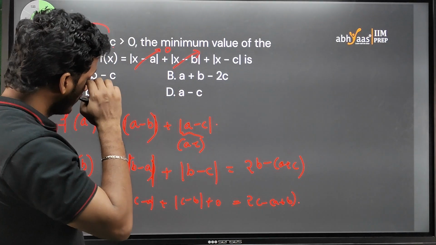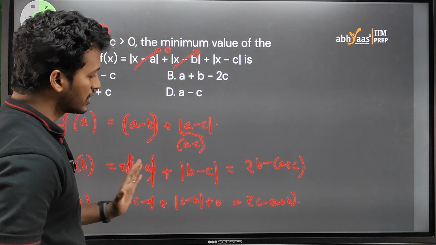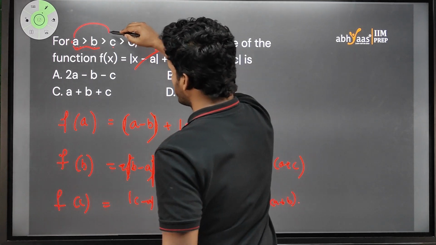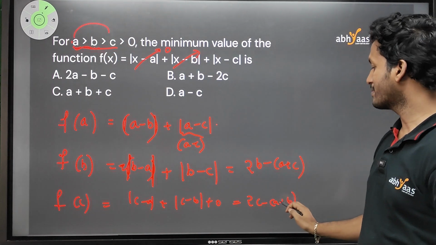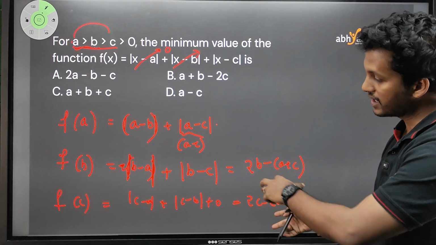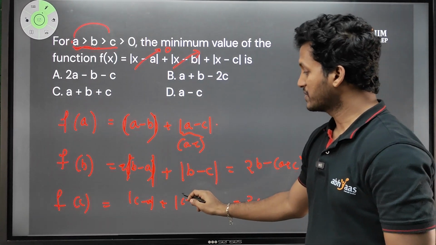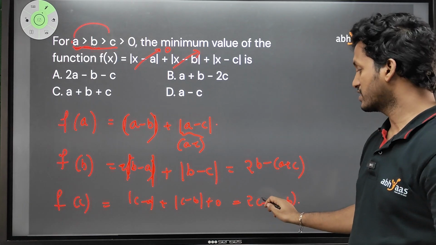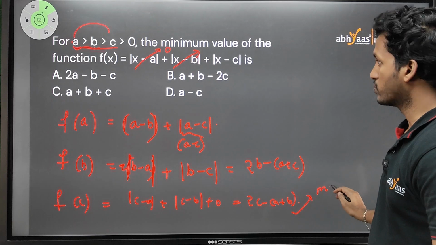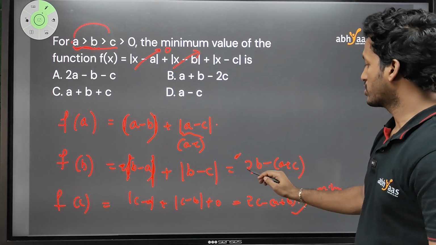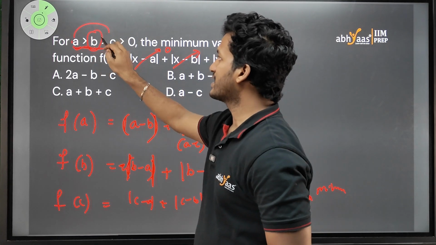Now, whenever you observe these answers carefully, you will understand. If you consider these values, you will get the option 2c minus of a plus b. Whatever we have taken is modulus, so c here is very small. Even if it is doubled, a plus b can be the minimum value. Not this one, because for 2b minus a plus c, obviously a plus b is greater than c.